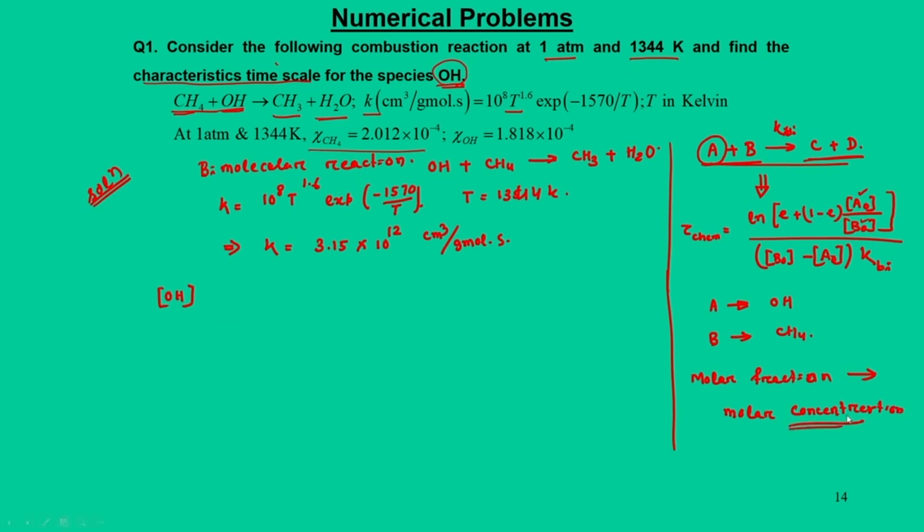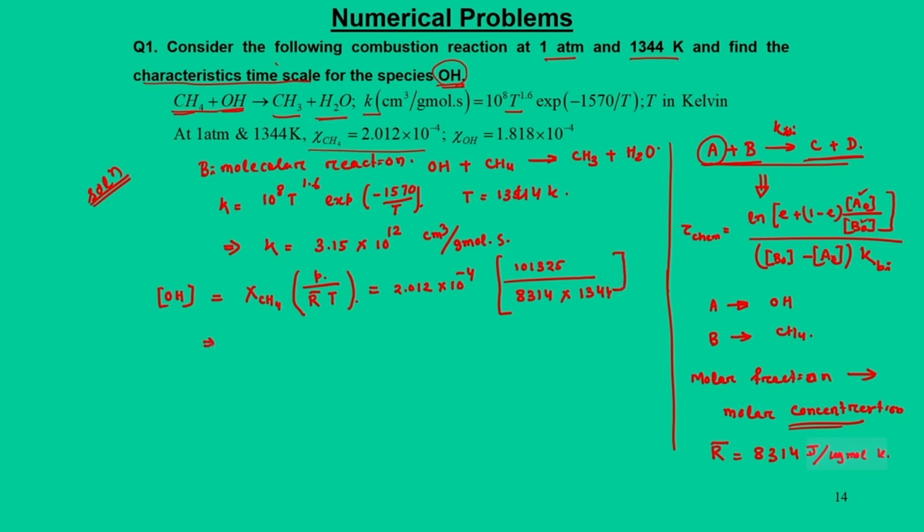For this we require information about the pressure and temperature. So the conversion is: concentration of OH is molar fraction X OH into pressure divided by R bar T. The molar fraction is 2.012 into 10 to the power minus 4, pressure is 1 atmosphere, that is 101,325 Newton per meter square, and R bar is 8314 joule per kg mole Kelvin, with temperature 1344.